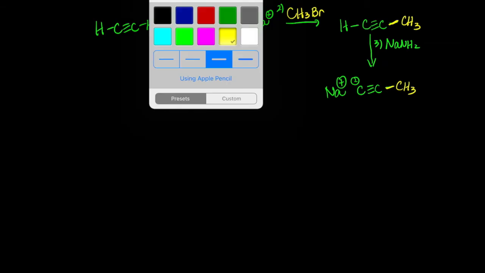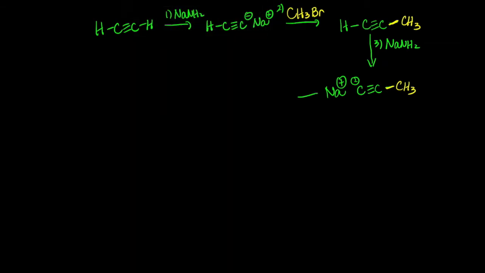And remember again, I want to add an ethyl group. So the way to do that is to add, I'll do it in yellow again, ethyl bromide or bromoethane. Okay, and that's going to form my target molecule.